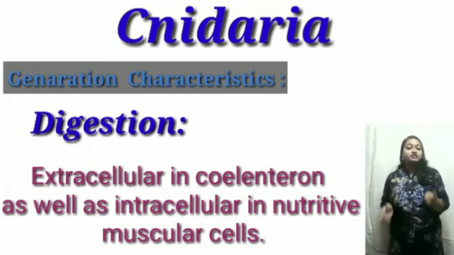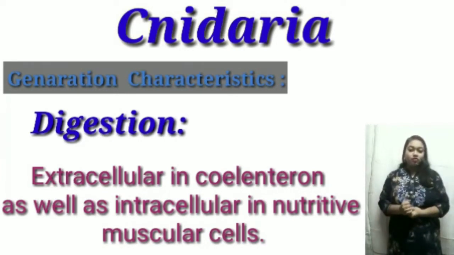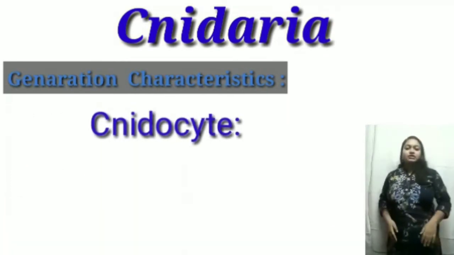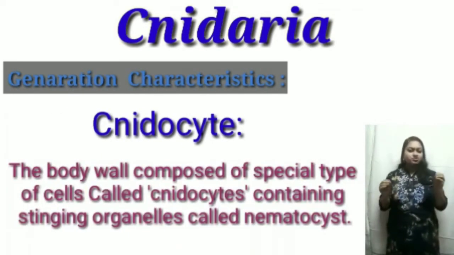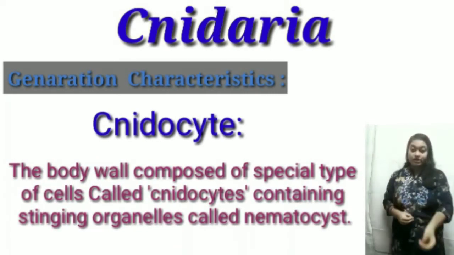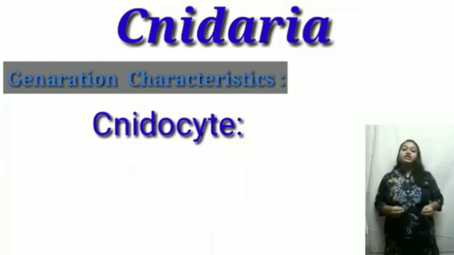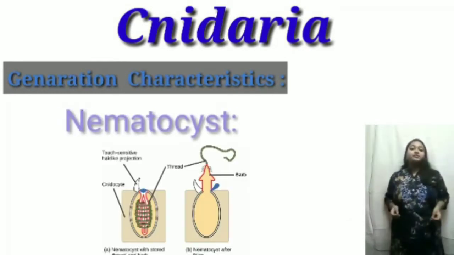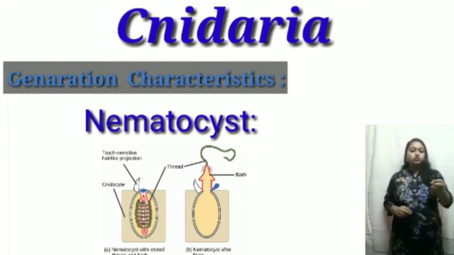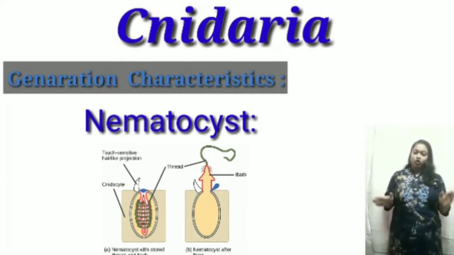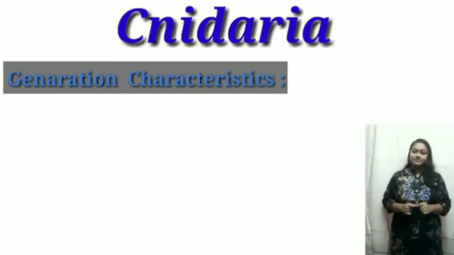And the second way of digestion is intracellular by nutritive muscular cells. The cnidocyte, a special structure shown in Cnidaria. That's why it's called Cnidaria. The cnidocyte is a special structure which helps the cnidarians to capture prey with a narrow end called the nematocyst.